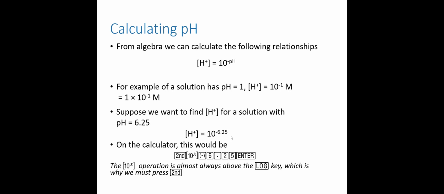So I see there that there's a total of 6 zeros, but I want to get this into scientific notation. So this would be 5.62 times 10 to the negative 7 molar.